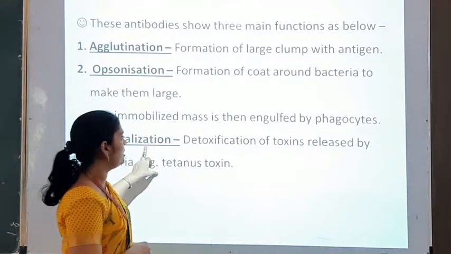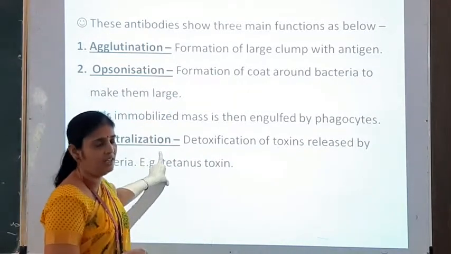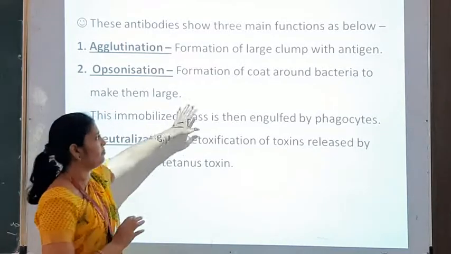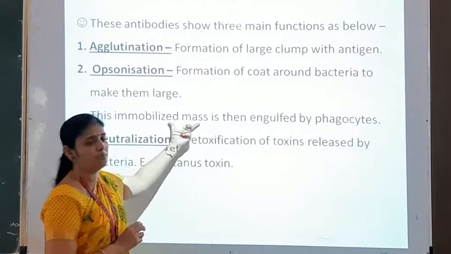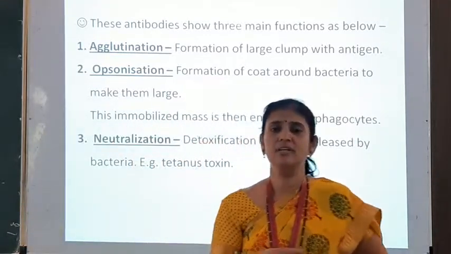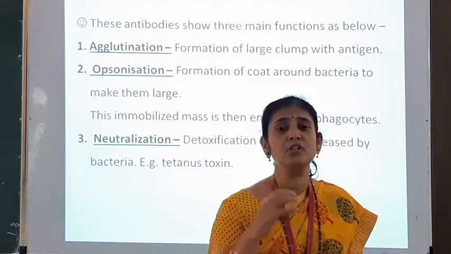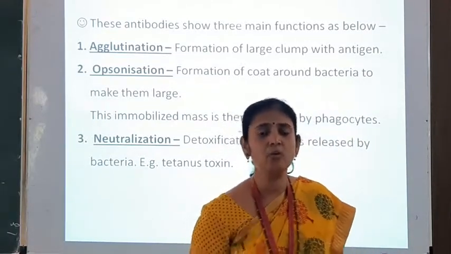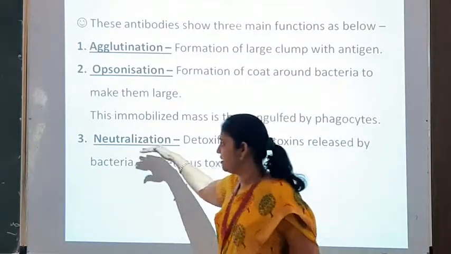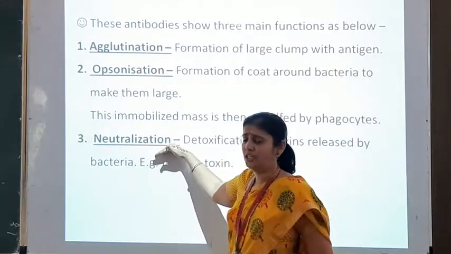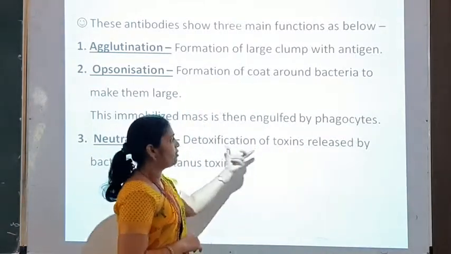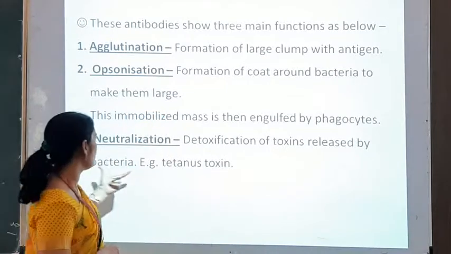Okay. Third, neutralization. When this large coated pathogen, this immobilized mass, is engulfed by phagocytes, sometimes they secrete some toxin and we have to neutralize that toxin, and therefore the third main function, neutralization, takes place, that is detoxification of toxins released by the bacteria.